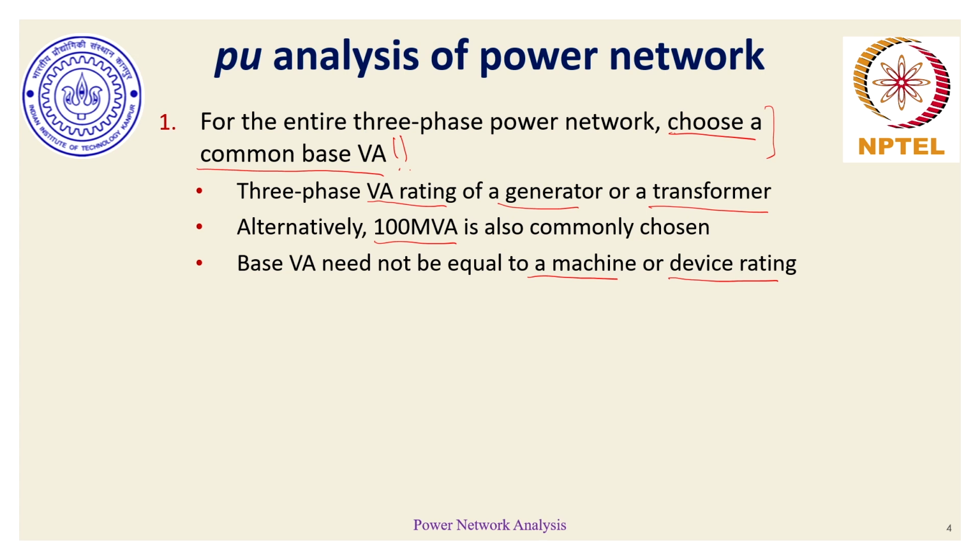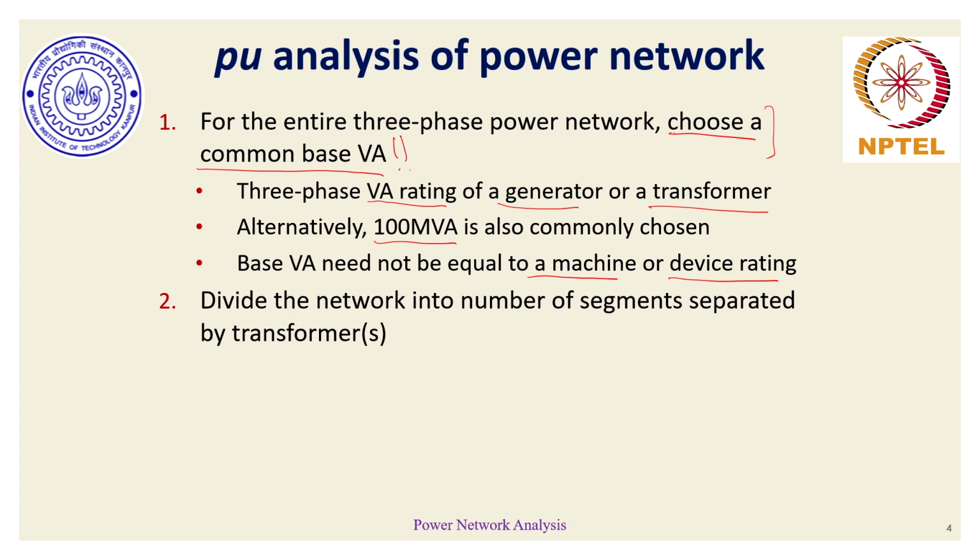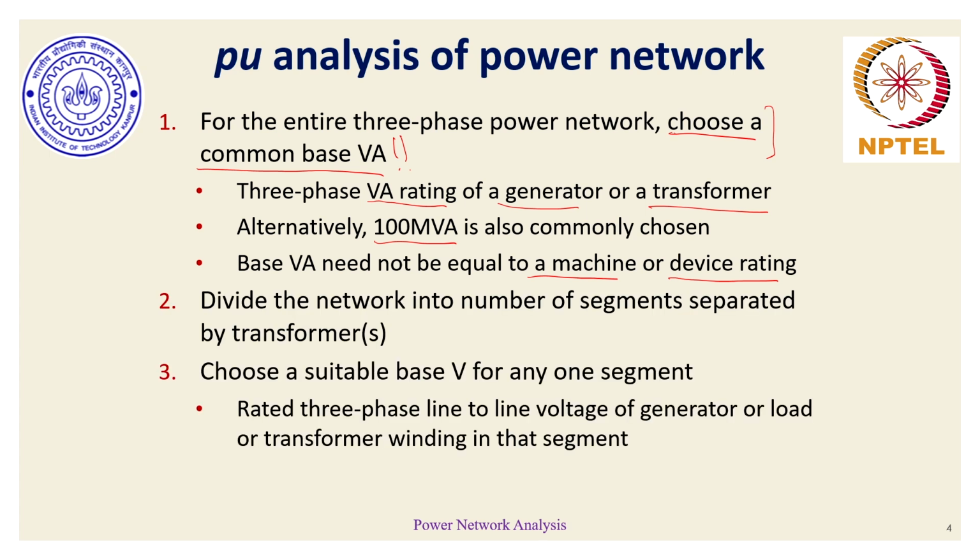Having defined the base apparent power, the next step is to choose the corresponding base voltages. While choosing the base voltages, one preliminary step to keep in consideration is whether the network has transformers in it, specifically three-phase transformers, which could have similar or dissimilar configurations.